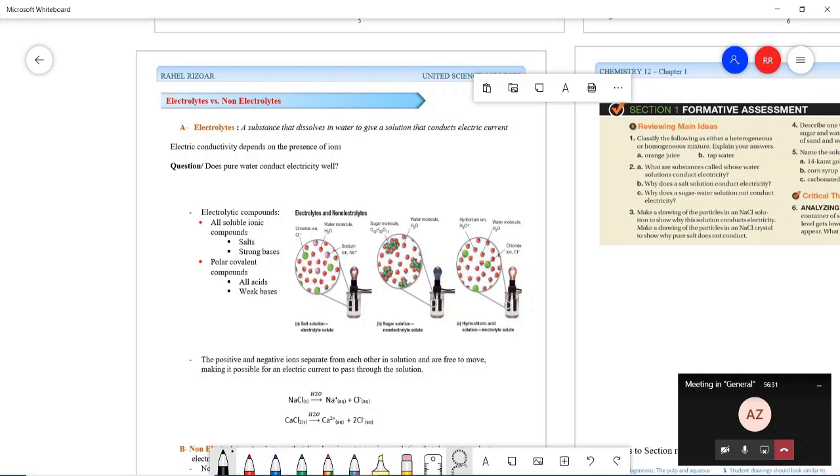Electrolyte: a substance that dissolves in water to give a solution that conducts electric current. So this is the definition. If a substance, when dissolved in water, can conduct electric current, we call that solute an electrolyte.